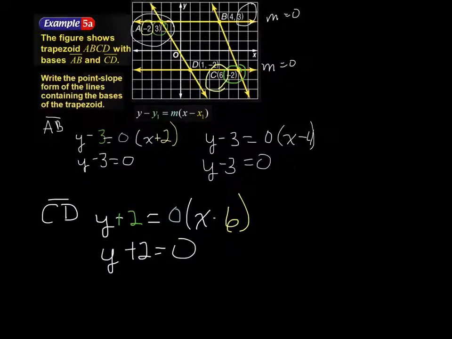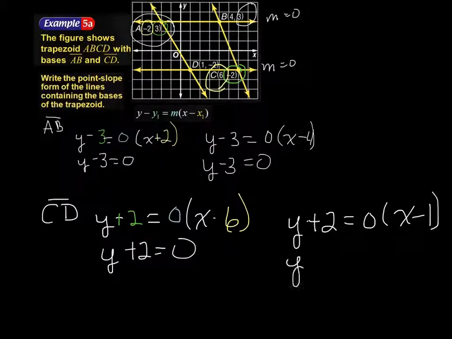And if we wanted to, we could do the same thing with D, and it's going to be the same. So y minus the y part of my point, which is again -2, so plus 2, equals m, which is 0 again, times x minus the x part of my point, which is 1 that time. So we still get the same exact equation.